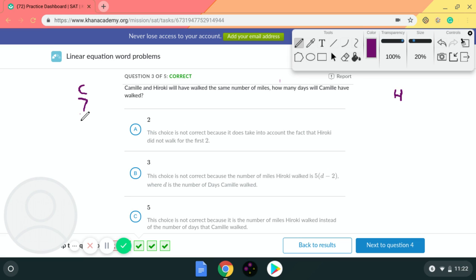So, for 5 days, it's going to be 3 times 4 because she'll walk 3 miles every day after, and if she's walked for 5 days and the first day she walked 7, then it's going to be 19 miles. And as for Hiroki over here, he's only going to have walked 15 miles because 3 times 5. So this is not going to work either.